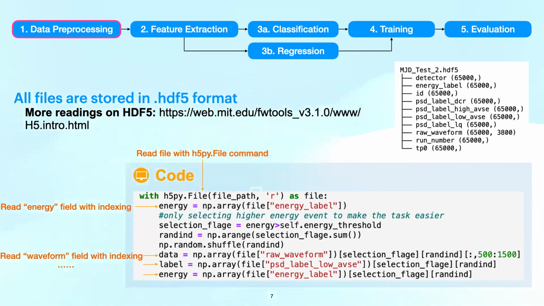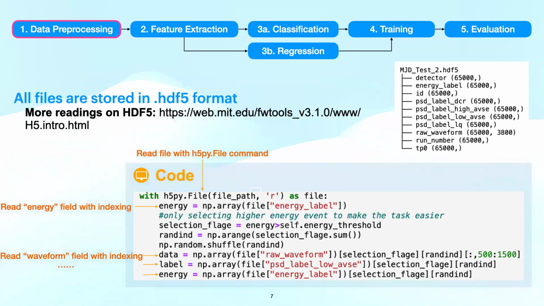Here we'll very briefly talk about how we can read out this information using code in Python. We can use the h5py package, which is very commonly used. If we open up this file using the h5py File command, we have this file, and then we can simply index it.